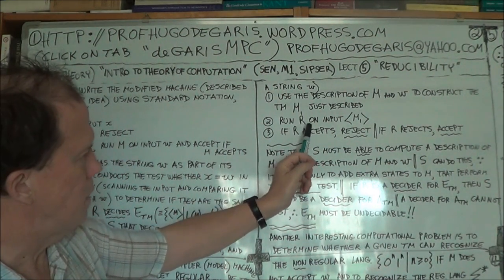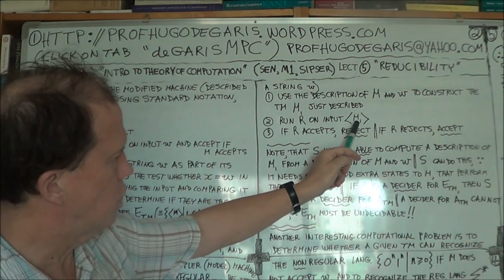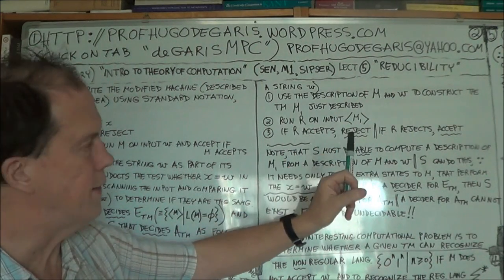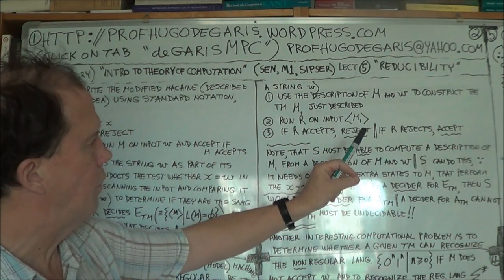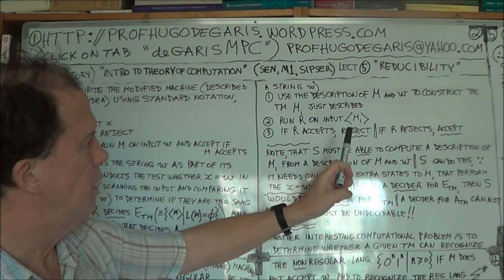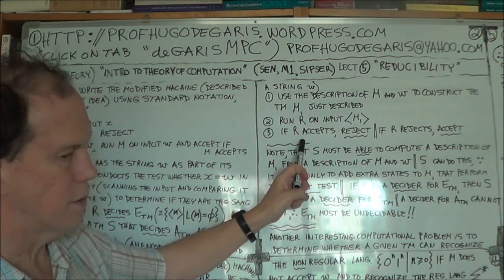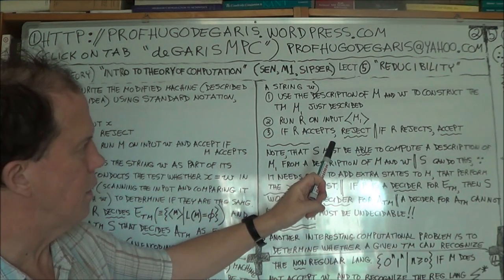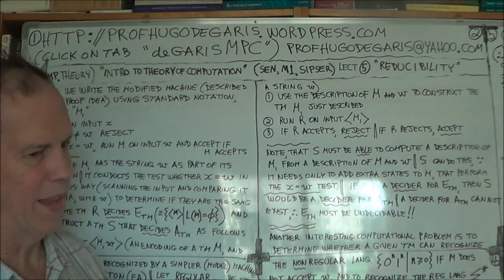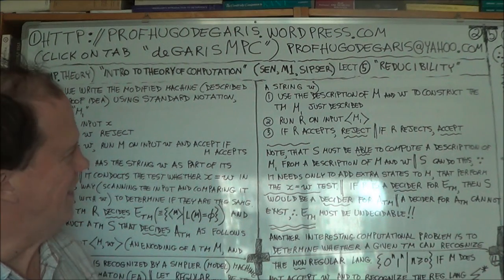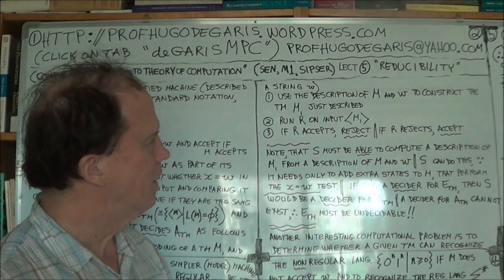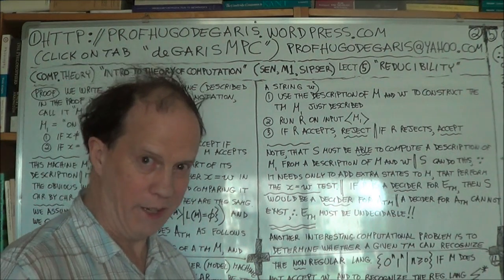If R accepts, that means this machine generates the empty set. Okay. And we want S, what do we want S to do? We want S to decide. It's getting tougher, right?